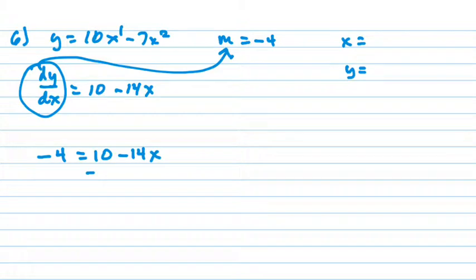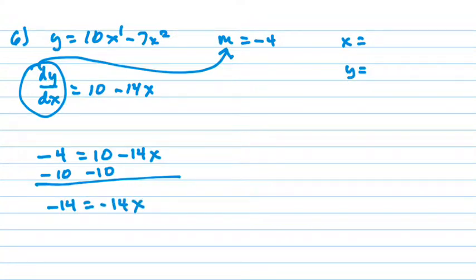We'll subtract 10 from both sides, which gives me negative 14 equals negative 14x. The opposite of multiplying by negative 14 is dividing by negative 14. Be really careful about those signs. Everything divides away, leaving a 1 on one side and x on the other. So my x value is 1.